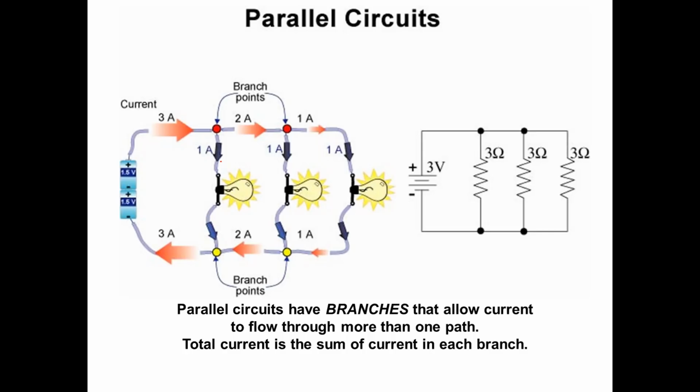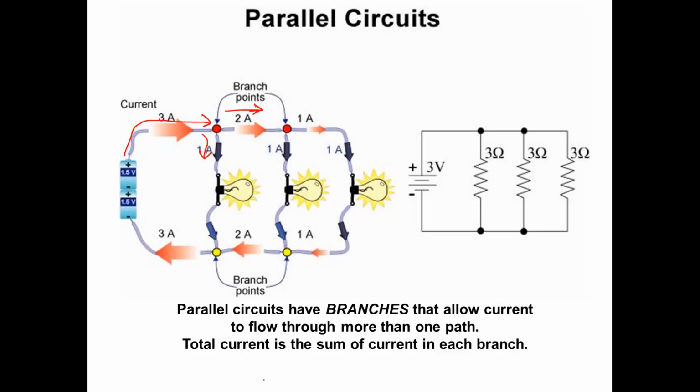Let's take a look at parallel circuits. Parallel circuits have branches. There is not just one path for the current to follow, but there can be multiple paths. Any current that leaves the battery gets to what I'll refer to as a decision point. It can either continue to travel straight, or it can choose to go through this light bulb.